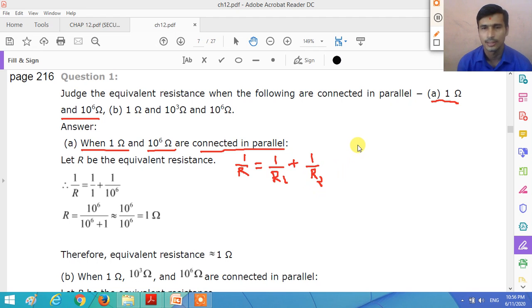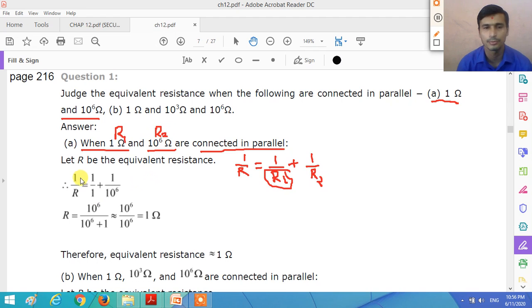The reciprocal of the equivalent resistance is the sum of the reciprocals of each resistance. So here R1 is 1 ohm and R2 is 10 raised to 6, that means 10 lakh ohm.